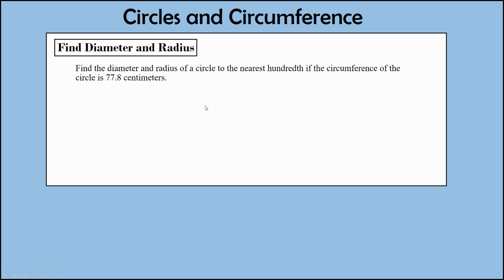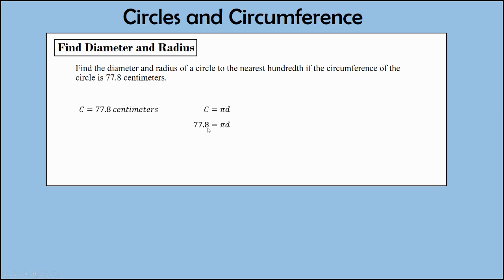All right, so in this case, they want us to find diameter and radius, and this circle has a circumference of 77.8 centimeters. So what do we know? We know circumference is 77.8. We're trying to find diameter and radius. I'm going to find diameter first, so I'm going to use my formula that is C equals pi d.